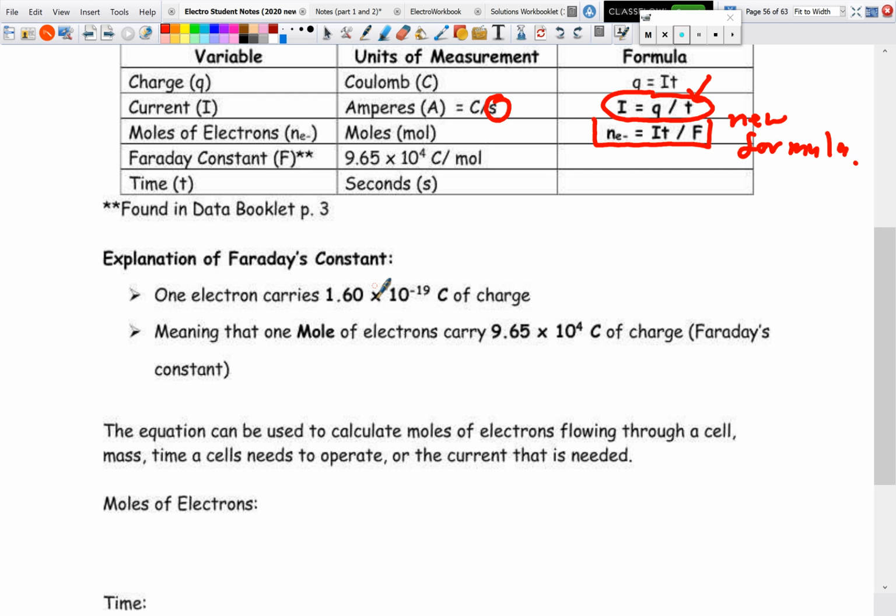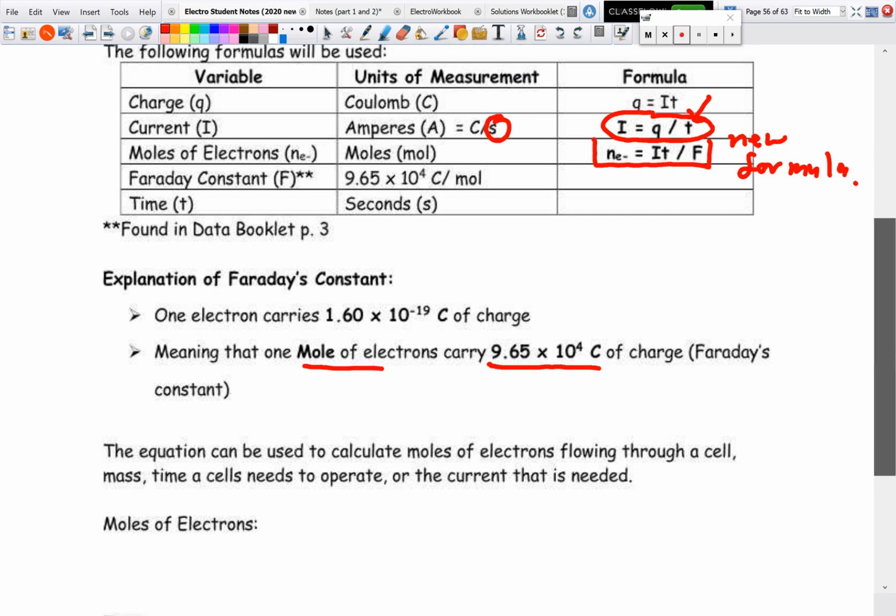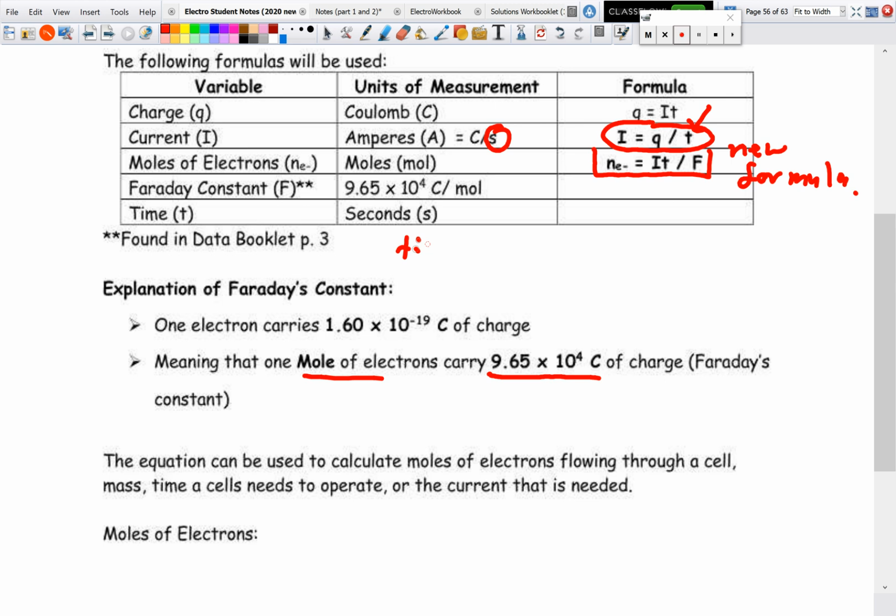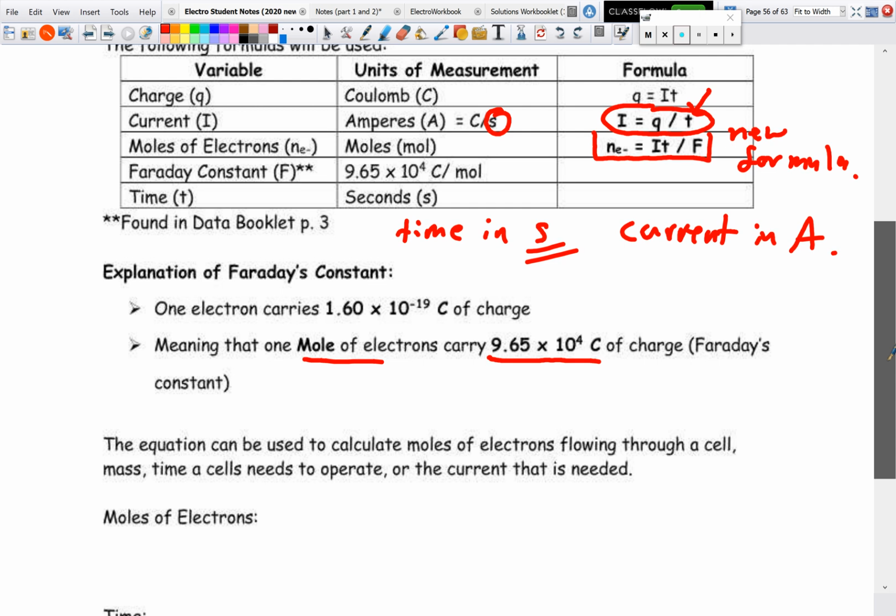So if we multiply Avogadro's number by this, we get that 1 mole of electrons carries 9.65 times 10 to the power 4 coulombs of charge, and that is just Faraday's constant. So just make sure time is in seconds, we'll have to remember that, and current in amps. When we get into our calculations, it'll make a little more sense.